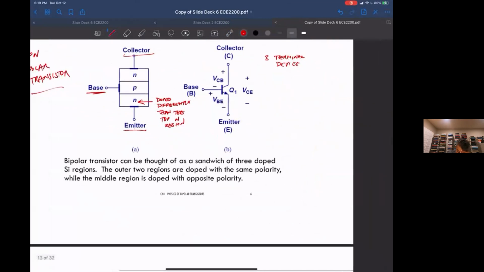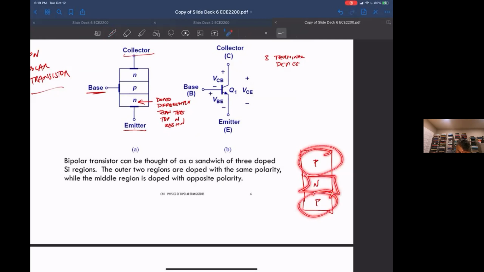There's another type of bipolar transistor we'll talk about a little bit after we talk about NPN, which is called the PNP. It's very similar, but you basically have two P regions surrounding an N region, compared to the NPN bipolar transistor. Here the N is called the base, the P is called the collector, and this P is called the emitter.